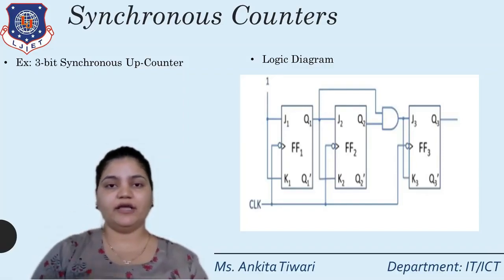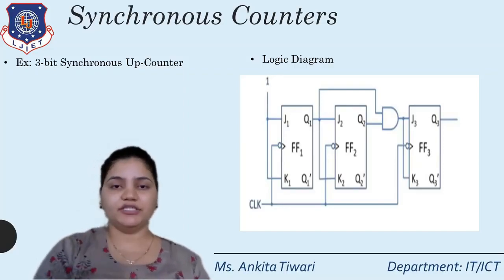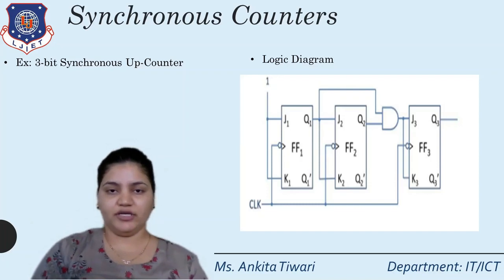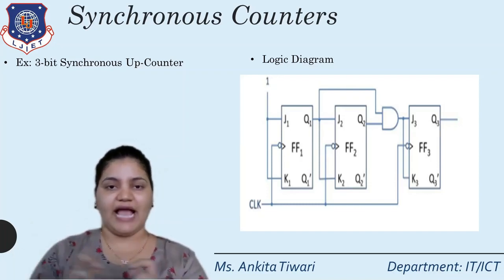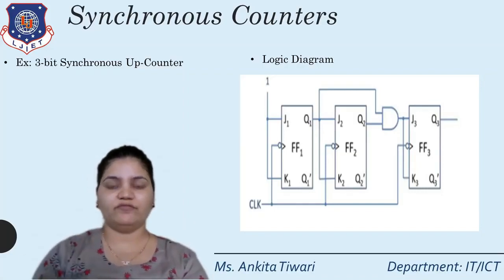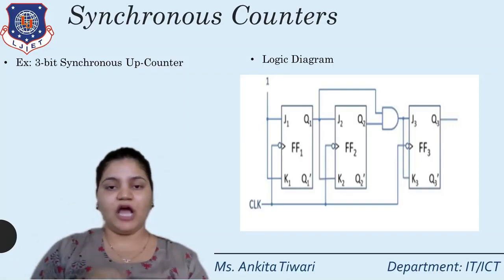The clock pulse is provided as 1 to 0, which means it is a negative edge. A common clock pulse is provided, so each and every flip-flop will have the same clock pulse value, that is 1 to 0, 1 to 0 and 1 to 0. As you can see the bubble gate in the circuit diagram. Now we know that the J1 and K1 value is 1.